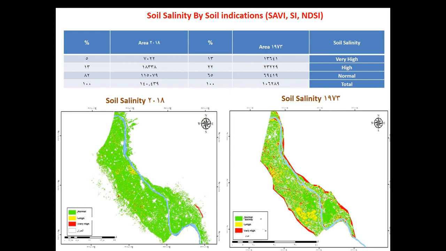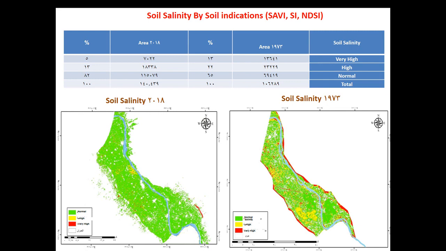In this map, right and left, you can see the difference in the area of soil salinity, applied by SI, NDSI, and SAVI, and the comparison between them shows very high salinity in the past.